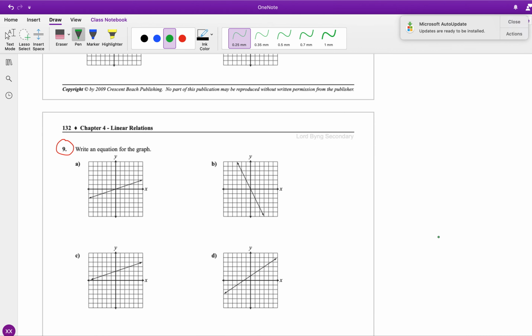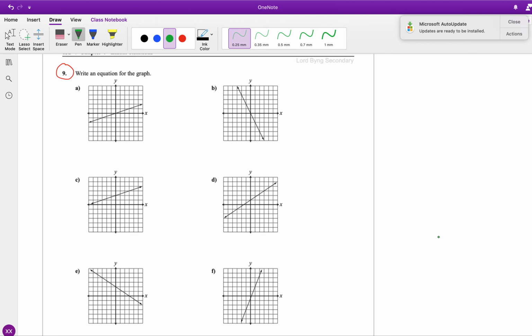Now, next one is to write an equation for the graph. So how does that work? Let's take a look at this. This is 1. So therefore, my equation is mx plus 1, because this 1 is right here, this y-intercept. Now, what is the slope? I've got to find the slope. I'm going to put this point and this point, they're both on the grid, so I can count.